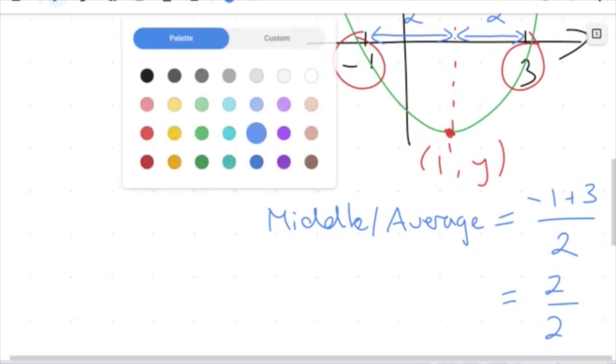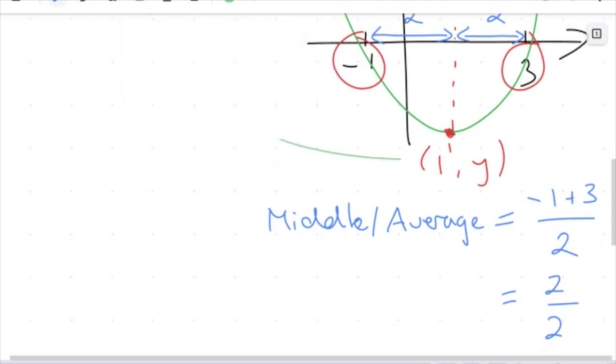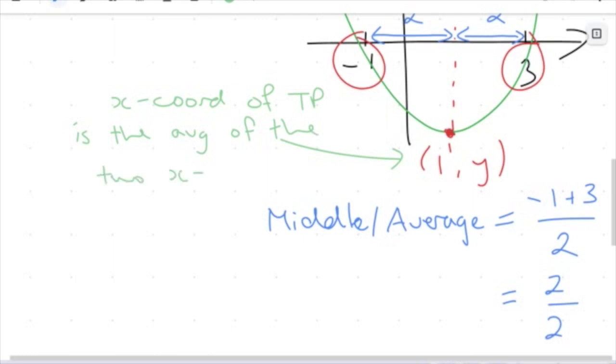So here, the x-coordinate of my turning point is the average of the two x-intercepts.